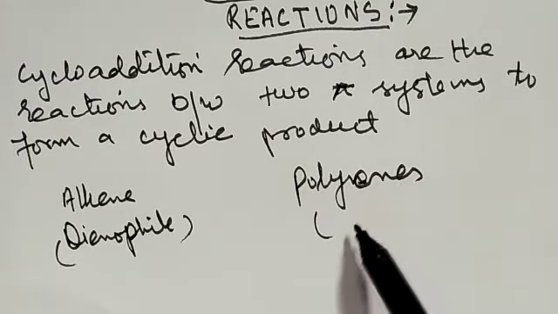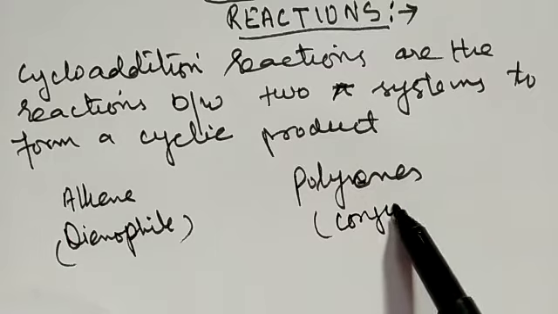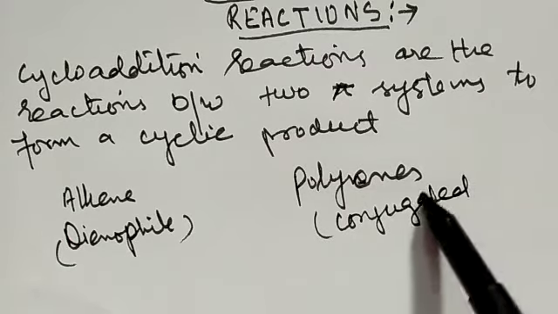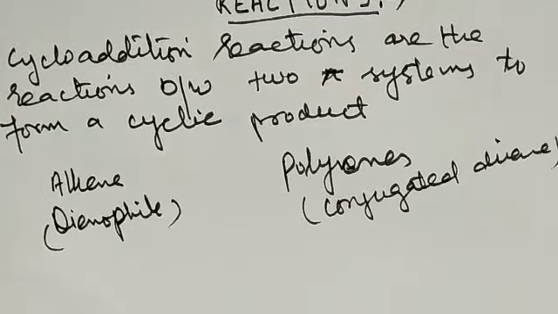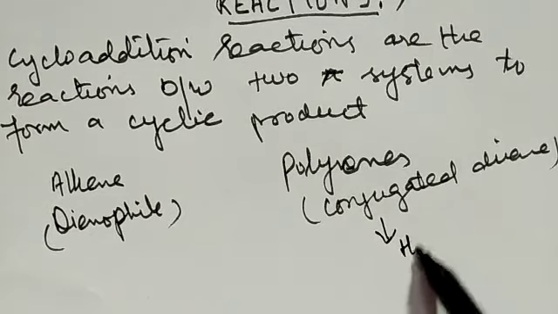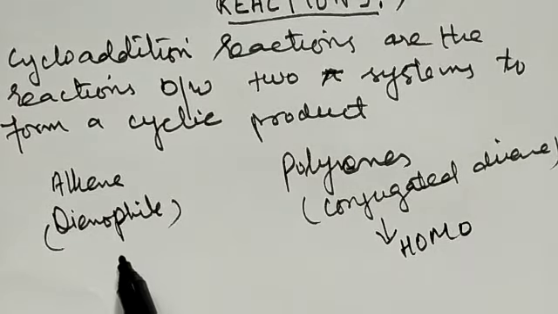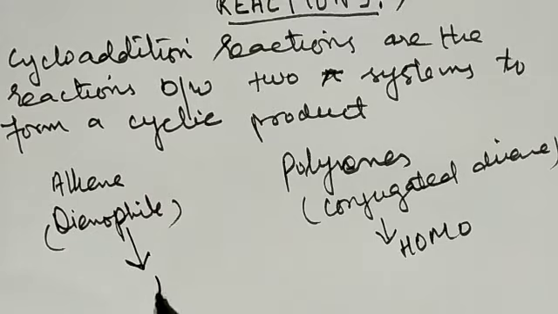Polyene is a conjugated diene, right? Generally, the HOMO of the diene and the LUMO of the dienophile interact.